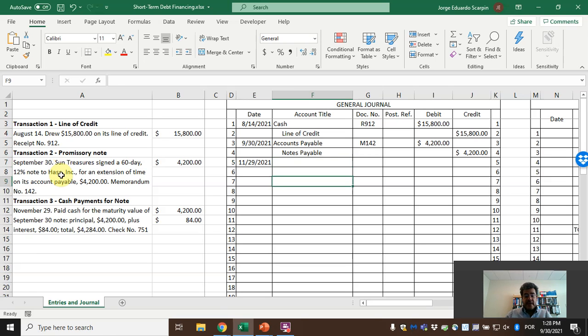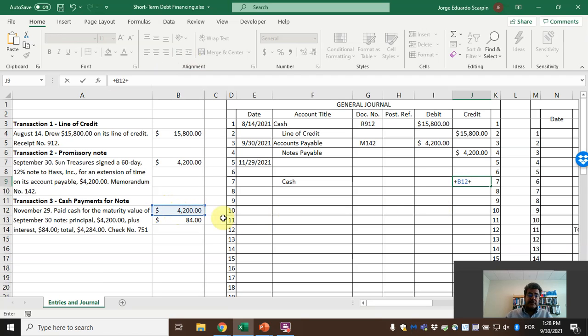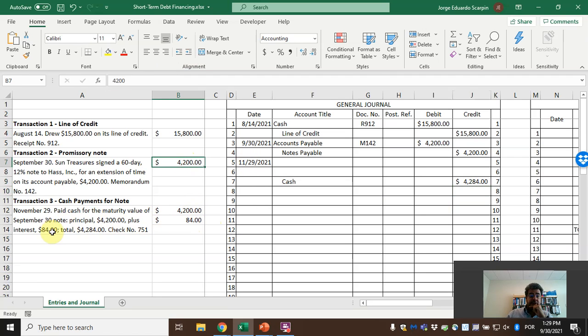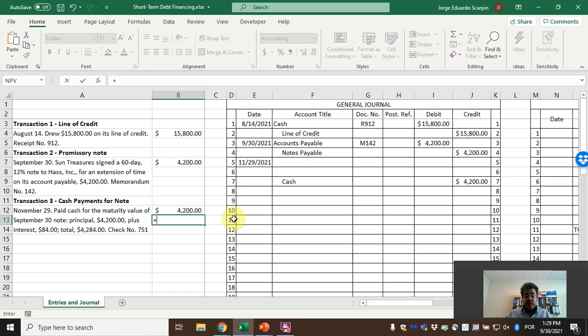So if we pay it, our credit will be cash. How much? We are paying the sum of principal plus interest. Our principal is 4,200, the same principal here, plus $84 in interest. How do we find this 84 here? Principal times interest rate, 12%.